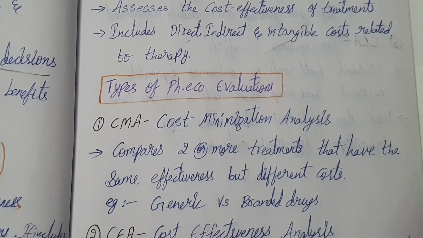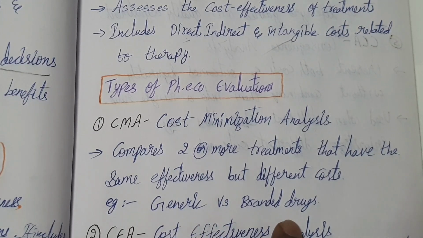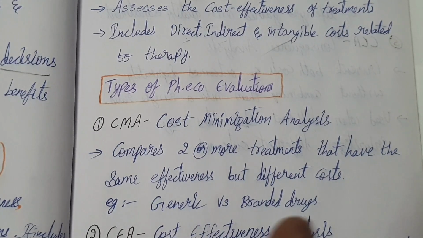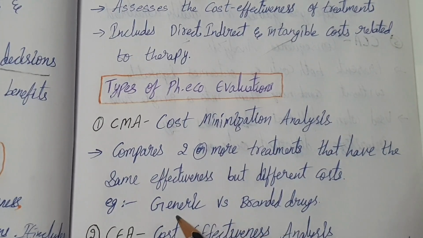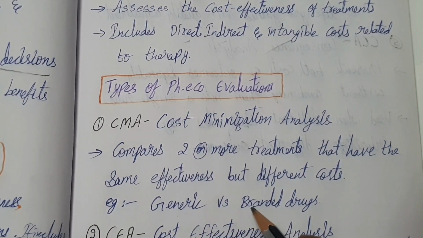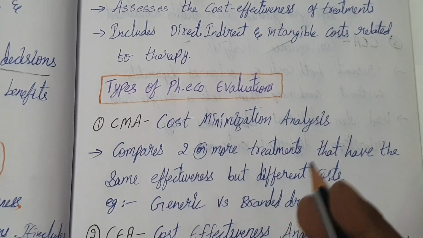Okay, listen carefully, two treatments give the same outcome but differ in cost. Example, generic versus brand drugs. Comparing the generic versus branded version of the same drug. They give the same effectiveness, but the cost will be less for the generic when compared to the brand drug.